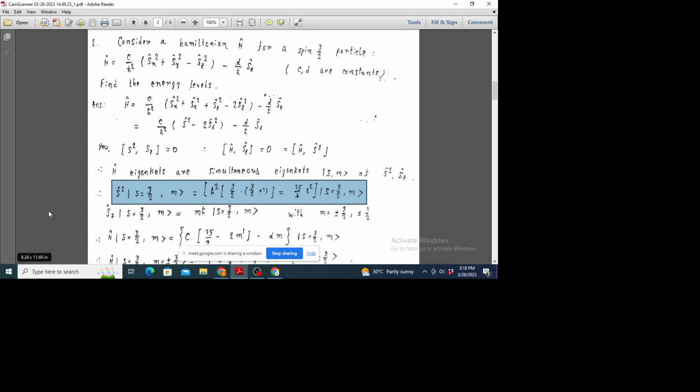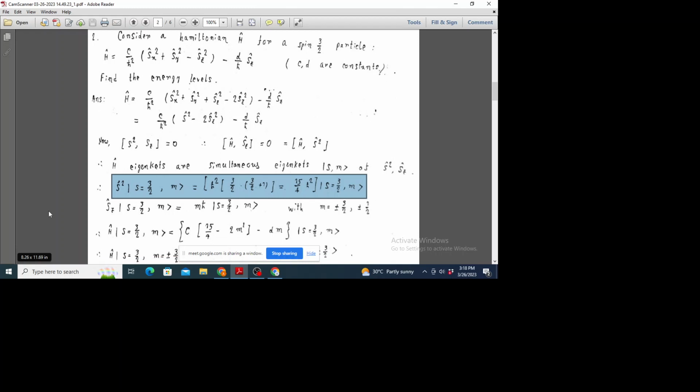This is the eigenvalue equation for S square, and for 3 by 2, S into S plus 1 is 15 by 4. So the S square eigenvalue for S equal to 3 by 2 states will be 15 by 4 h cut square. Okay, that much is fine.